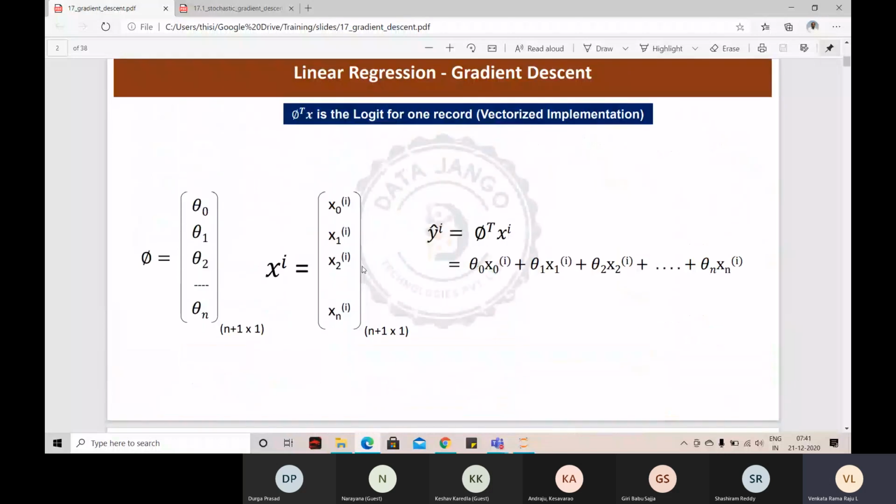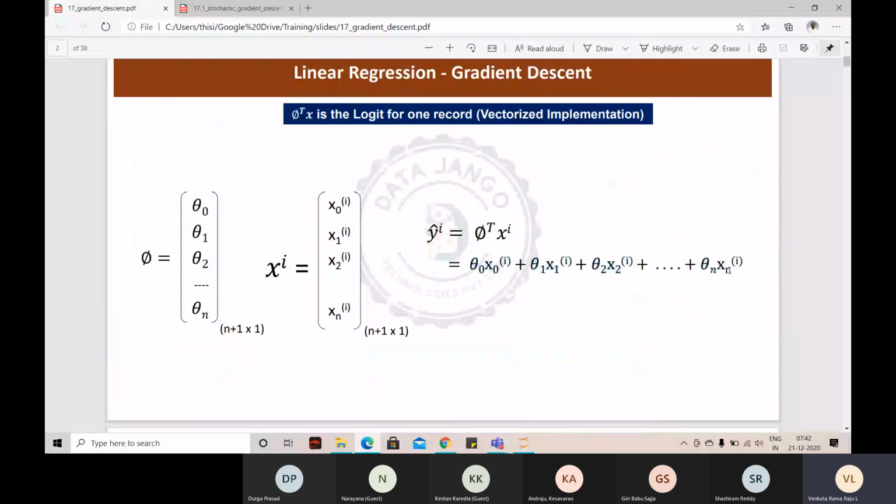So I have taken one row as an example, and if I already know thetas, then theta transpose x will give that particular row's predicted value.